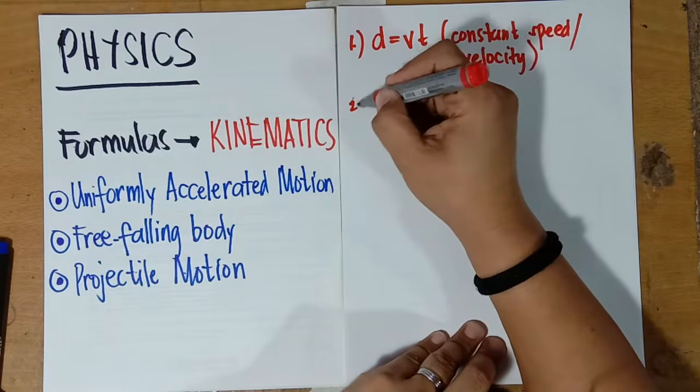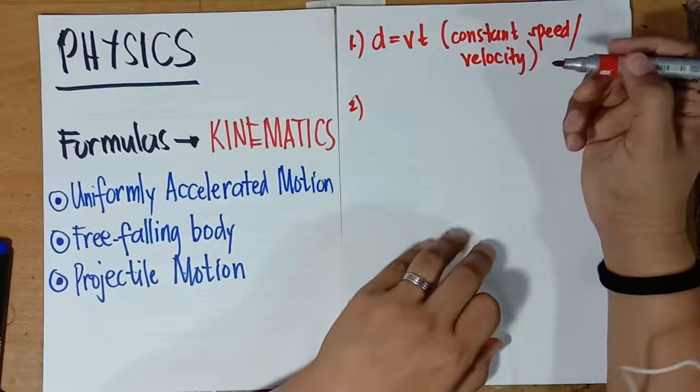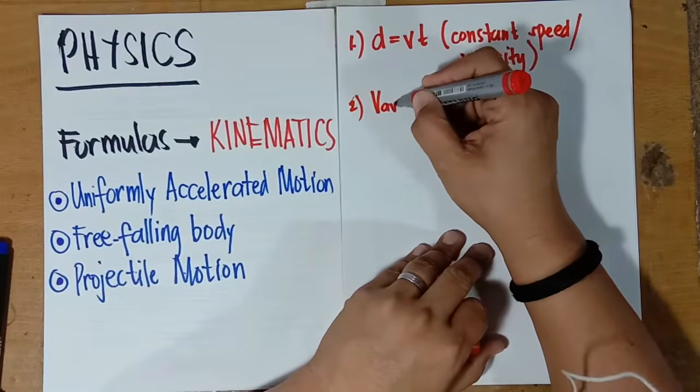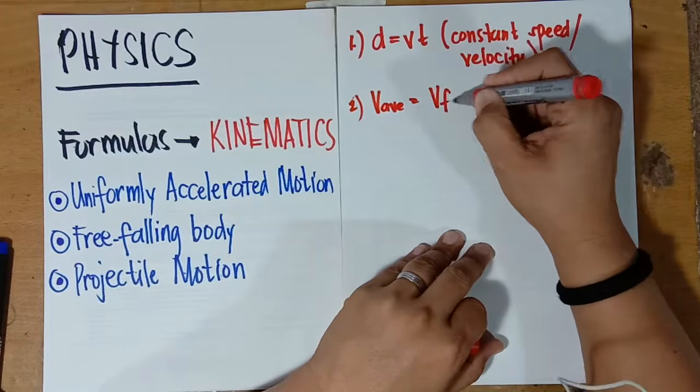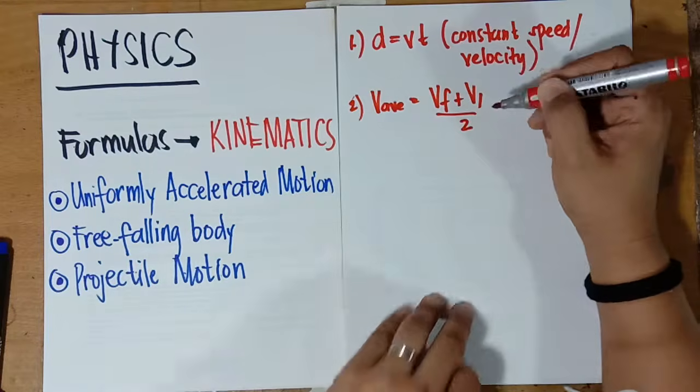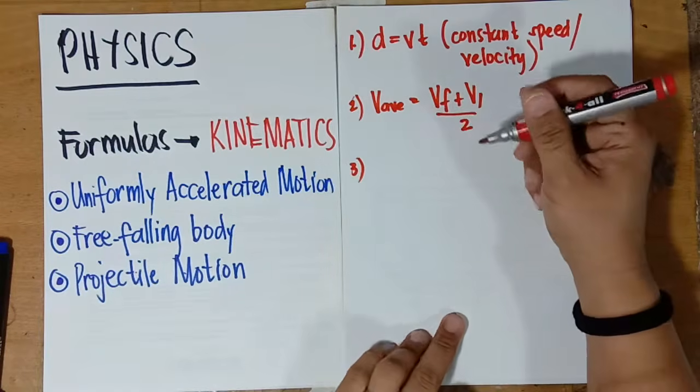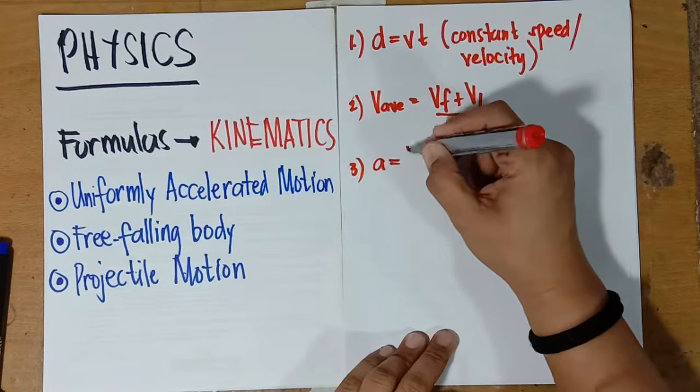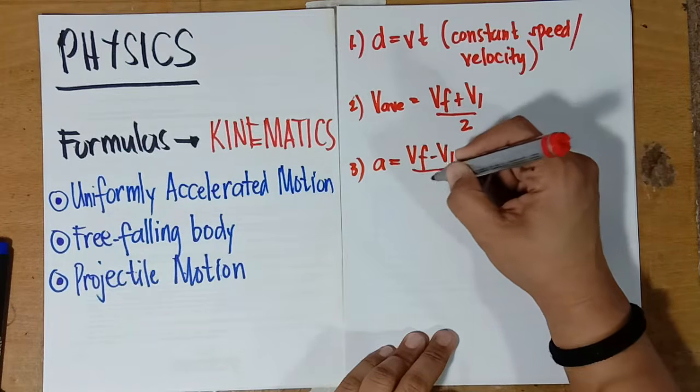And then another formula is the average speed or velocity, which is Vf plus Vi over 2. And then the third one is the formula for the acceleration, which is Vf minus Vi over time.